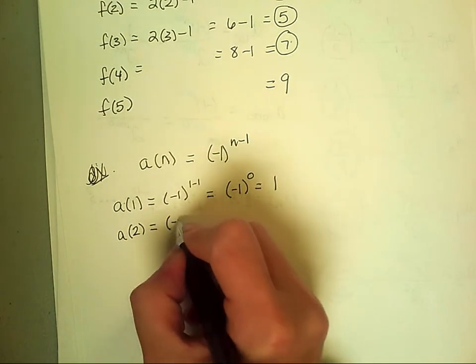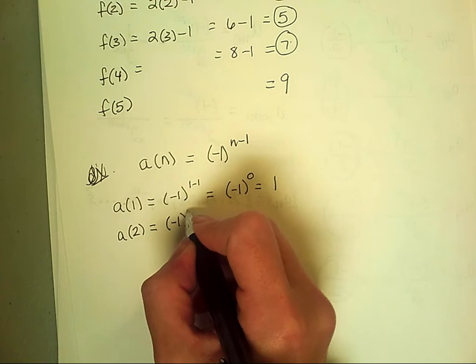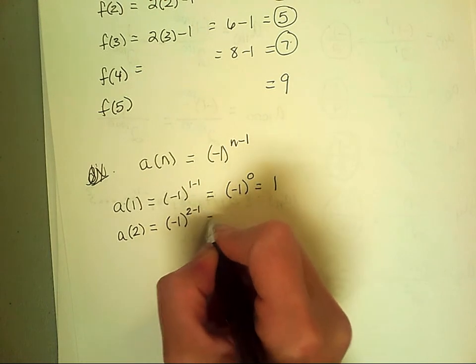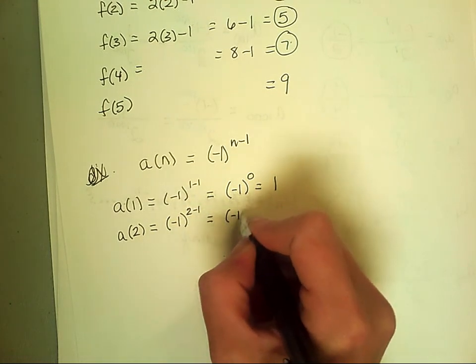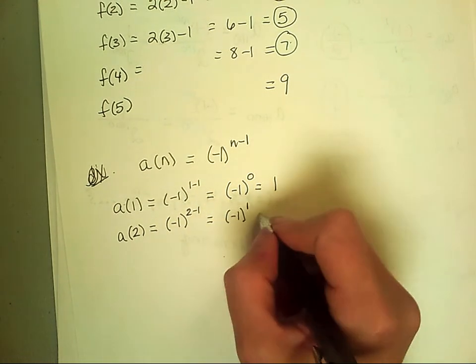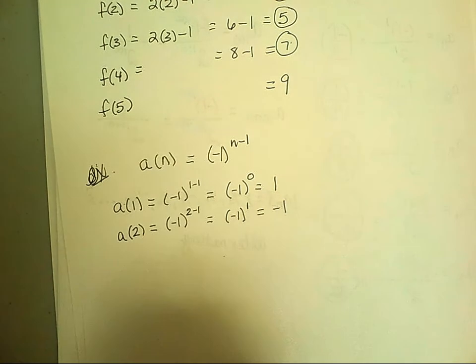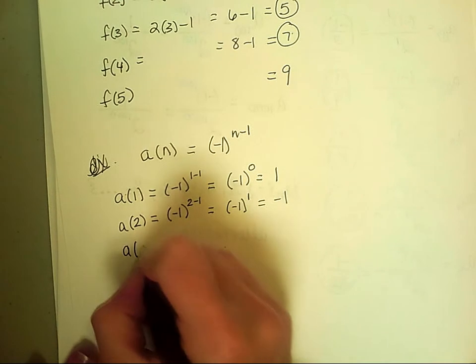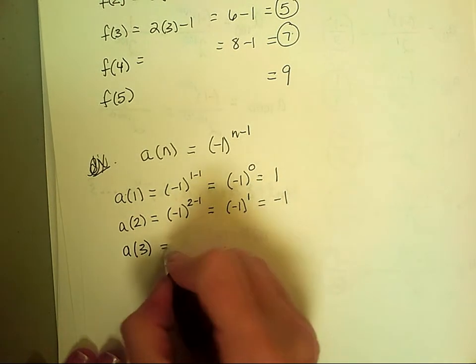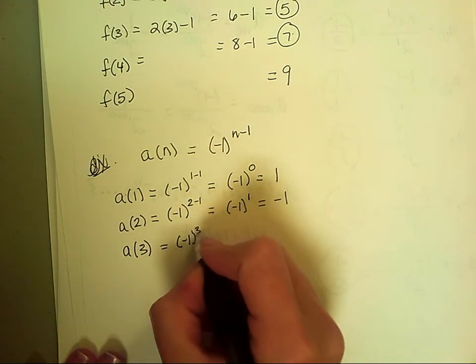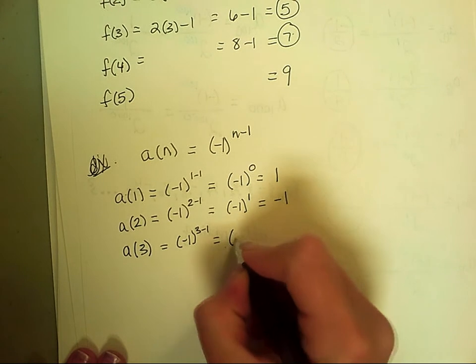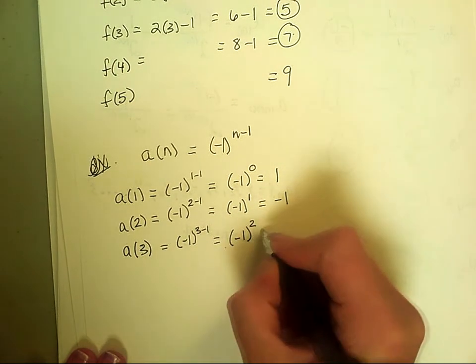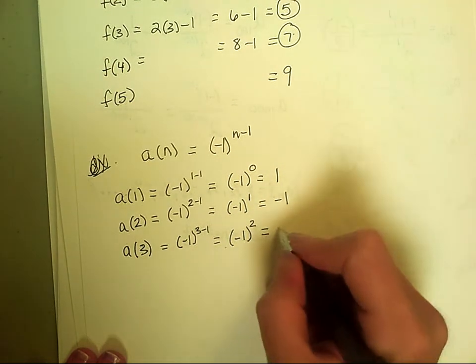Now, for the second one, the second term, negative 1 to the 2 minus 1 becomes negative 1 raised to the first power, which is negative 1. A sub 3, negative 1 to the 3 minus 1 is equal to negative 1 squared, which is positive 1.